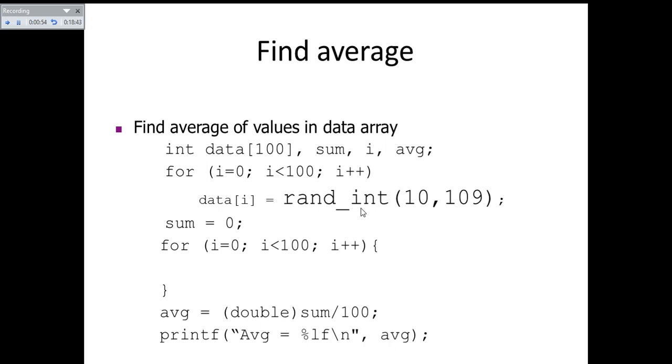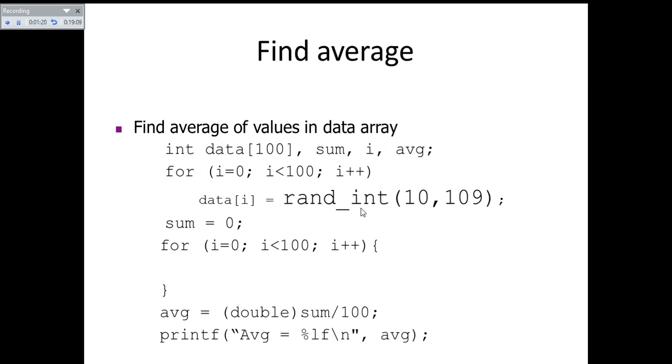Between least and max you will have some random integers, and that random integer will be picked up with this random_int function and assigned to data of i. This will be implemented for all the iterations of your for loop, starting with index 0 and up to 99. So you have to write the for loop logic as for i equal to 0, i less than 100, i plus plus.